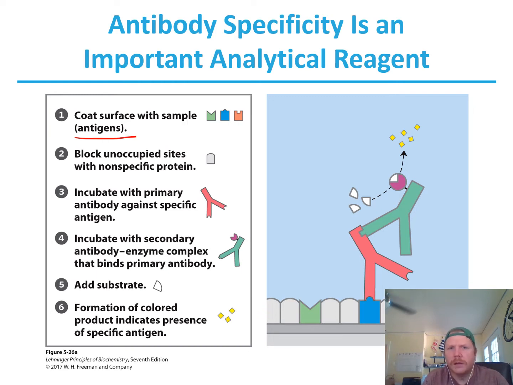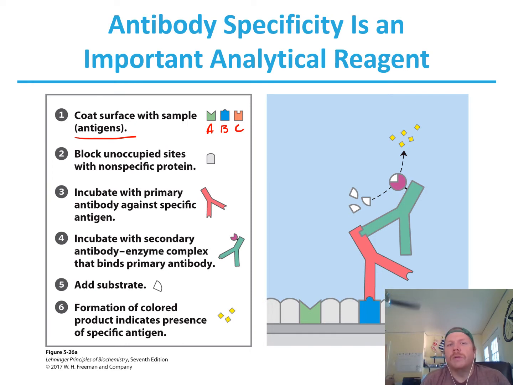Here we've got these unique antigens. I'm going to label them A, B, and C. I know that I don't really need to do that because they have color indicators, but these individual antigens are going to be applied to the surface, and they are going to adhere to that surface.